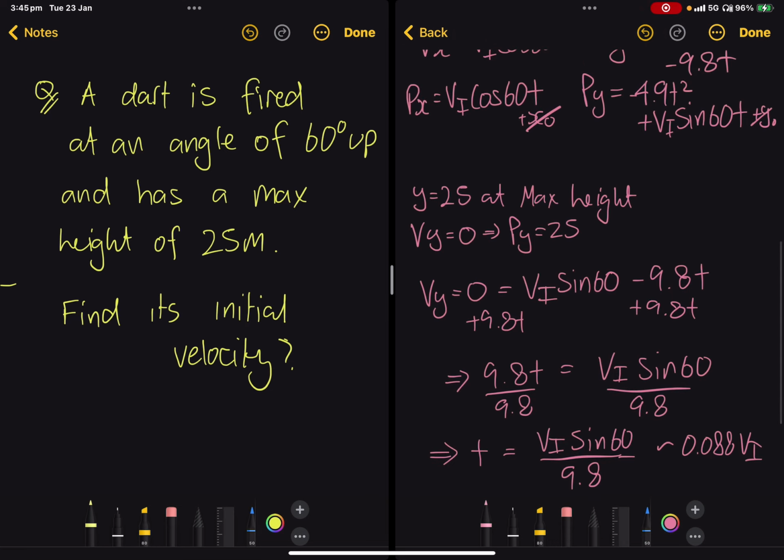We know P of y is 25 at this time. So we can plug t equals 0.088 vi into our position in y formula.